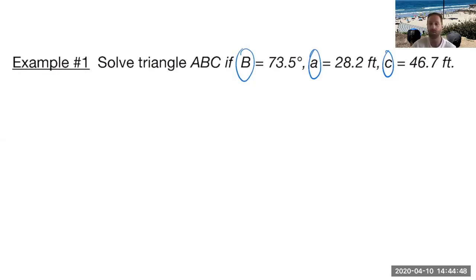So what I'm going to do is, because I now have angle B, I would really like to know side length B, or little b, so that I could then use the law of sines and hopefully be on my way. So how I'm going to set this up is, I'll write it down one more time in general, and then we'll plug it all in and go to work.